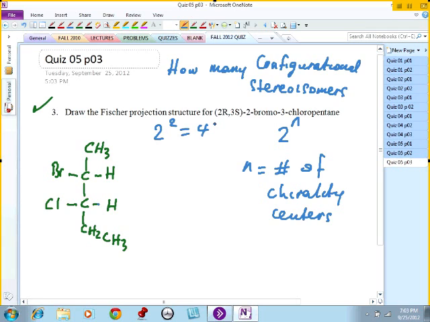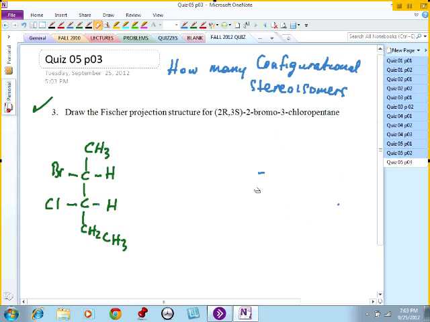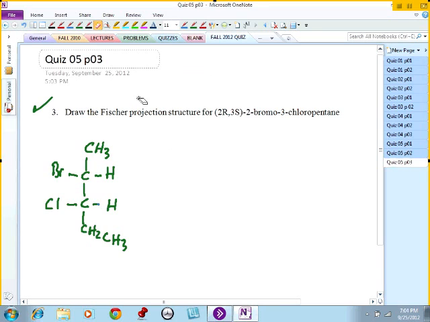Supposing I tell you to write all of those stereoisomers. Let us write all of the possible stereoisomers from this molecule. Okay, what will you do? The first thing I will do, I will write the mirror image of this, which will be this here.